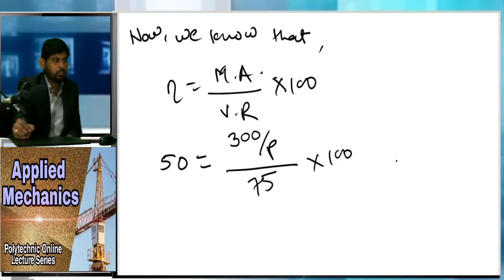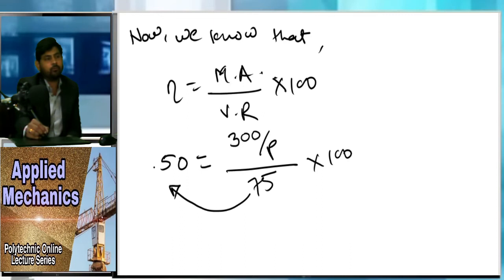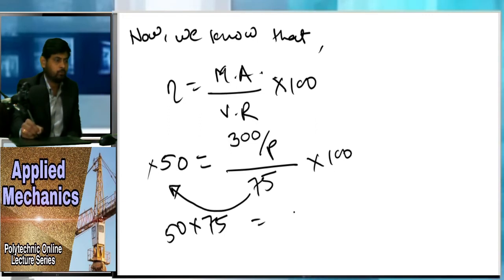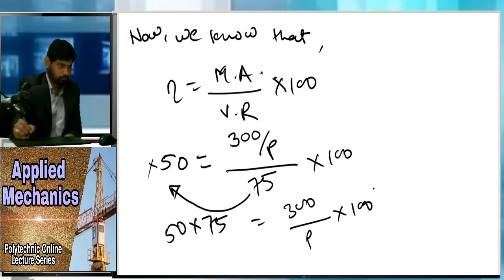So this is the term. Now this 75 will go to the left side of the equal sign, it will go in multiplication. So here 50 multiplied by 75 is equal to 300 divided by P into 100, right? After that you can do the calculation.